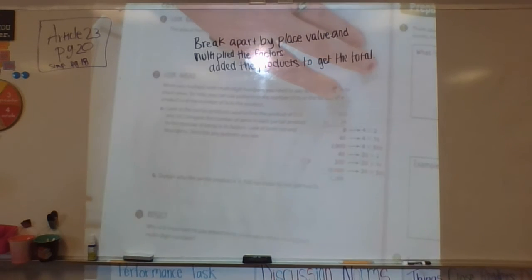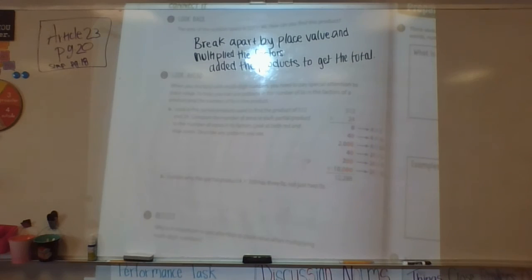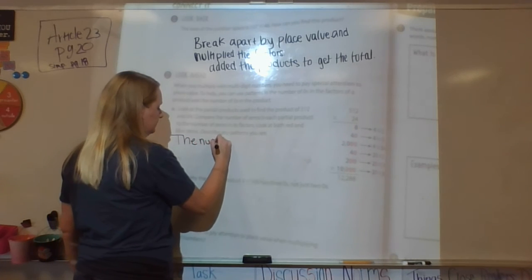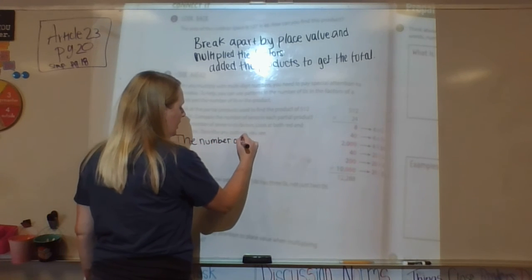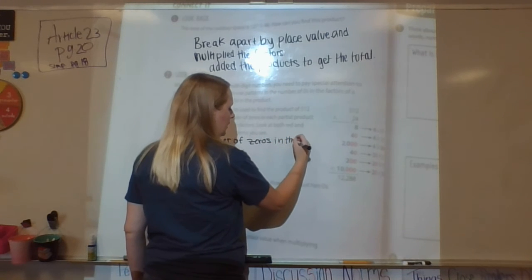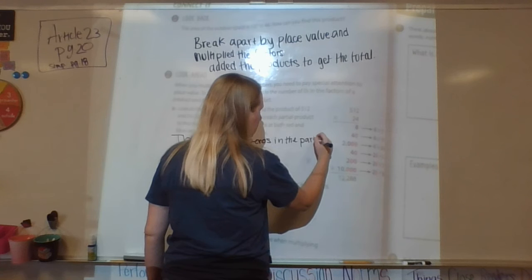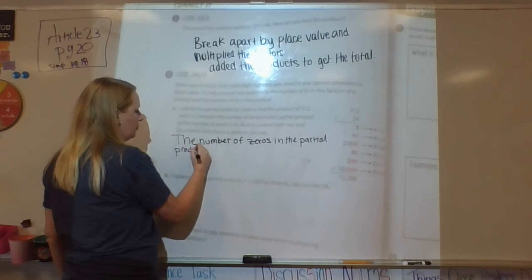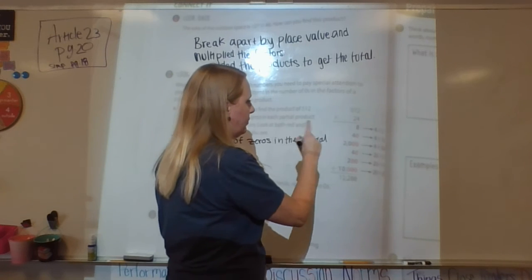So you can write something like, the number of zeros in the partial product. They're calling it a partial product because we're breaking it apart.